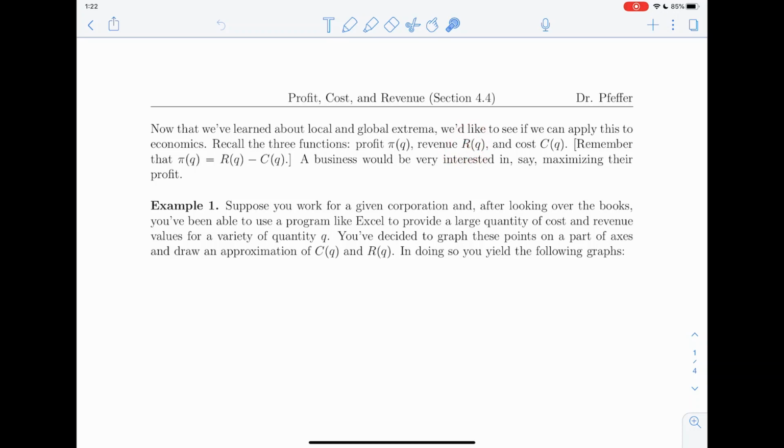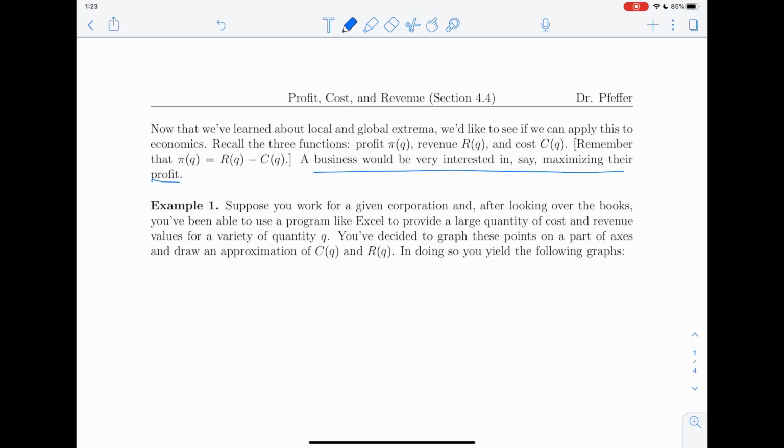Capital R will be our revenue function, capital C is our cost function, and then we defined a profit function, P, that is pi, Greek letter pi, and of course profit is going to be how much money you make minus how much money it costs to produce whatever it is that you are producing. So it maybe goes without saying that a business would be very interested in maximizing their profit. So that's what we're going to focus on today.